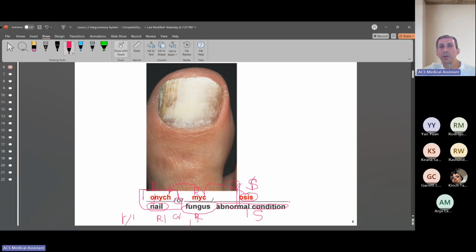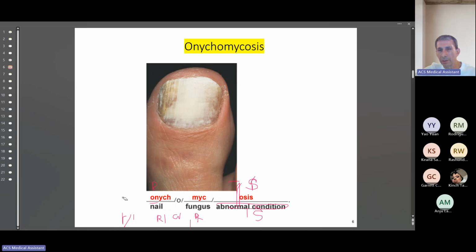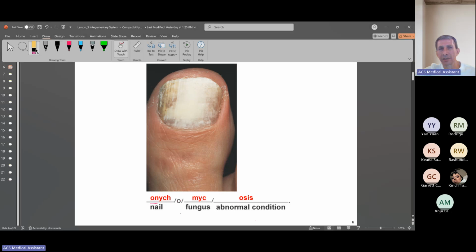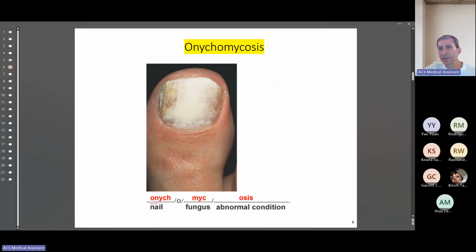So that's how we are going to work with these medical terms. We need to know and start applying all these guidelines to make sure that we got the correct information. So if they ask you, okay, how many parts does the medical term onychomycosis have? It has 5. Remember, 5 is not just that you're gonna go there and say, oh, here is the suffix.